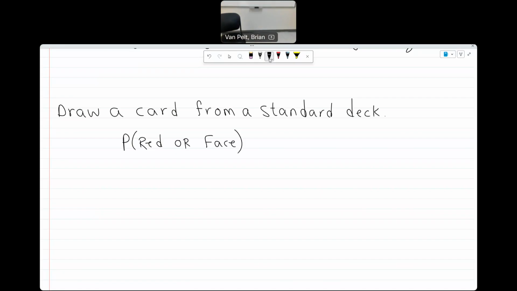Let's see, the probability has to be between 0 and 1. Not sure. Oh, I thought you wrote 100. You put that down. You might find the formula very helpful here.